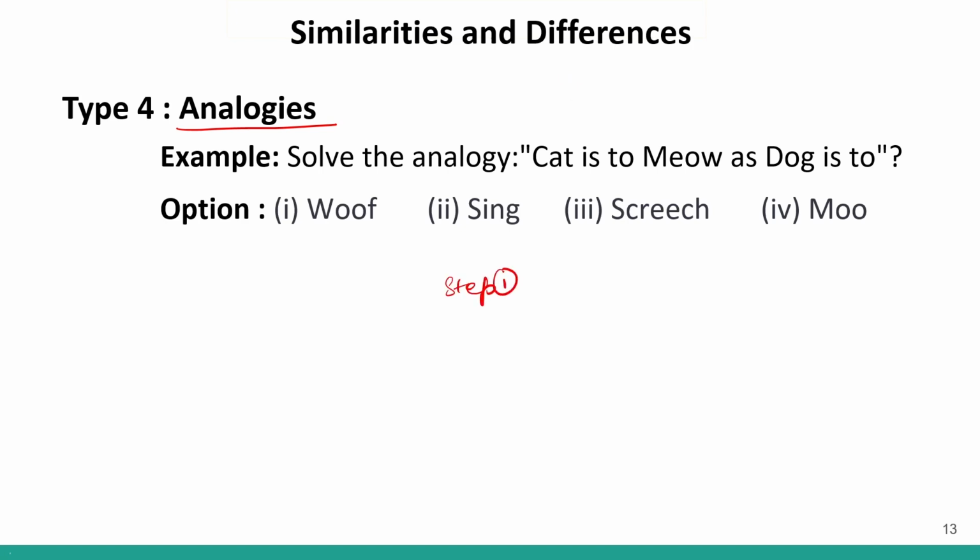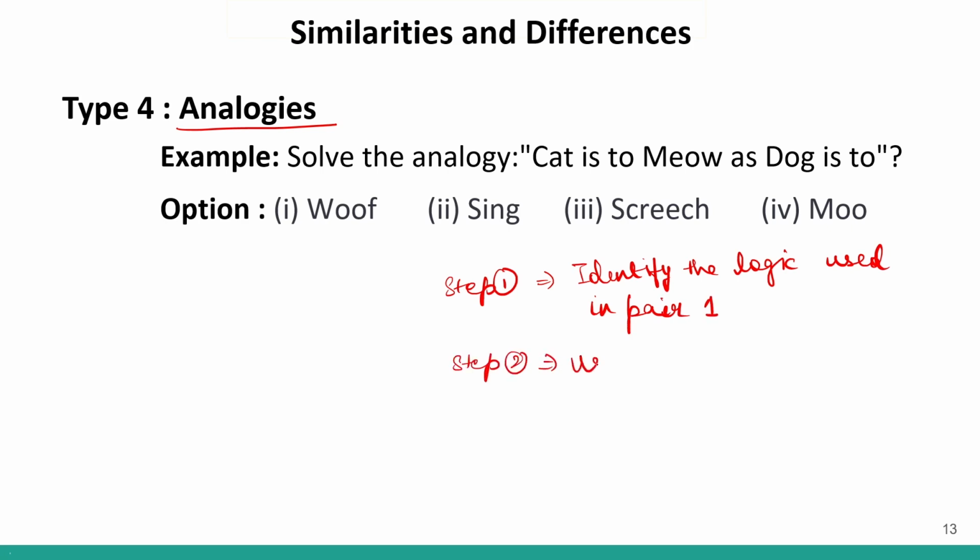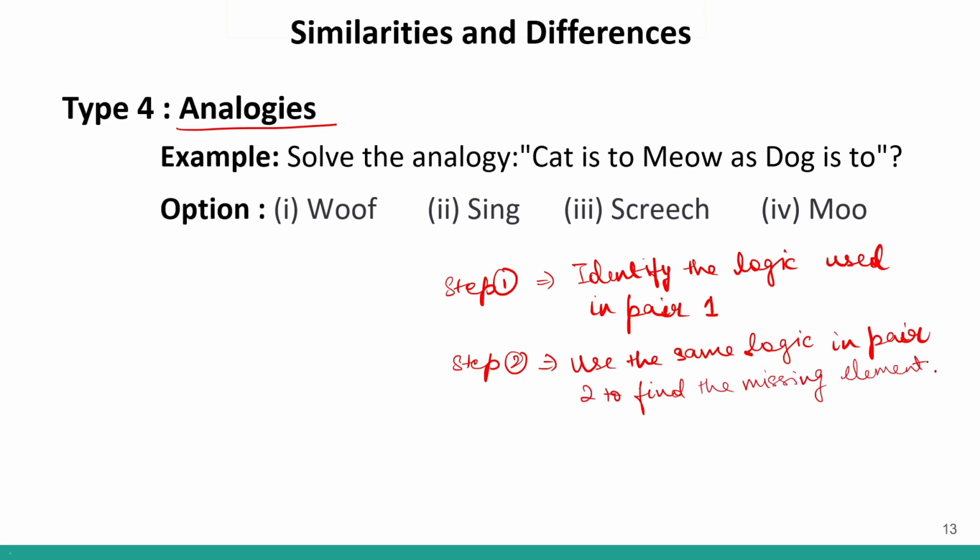Step 1, identify the logic used in pair 1. Step 2, use the exact same logic in pair 2 to find the missing element. So this is how we solve any analogy question.